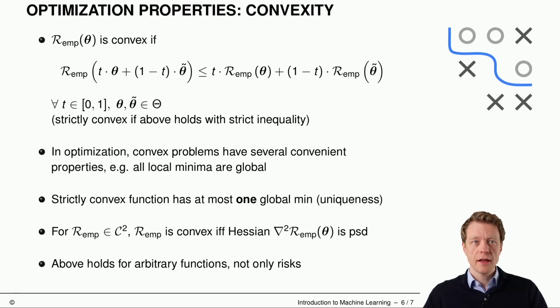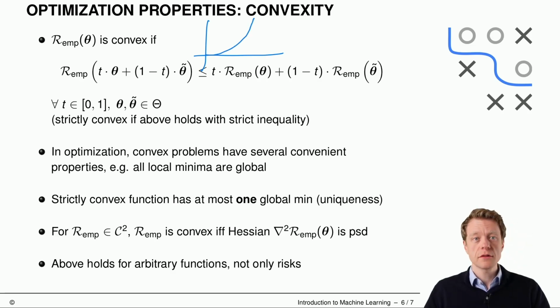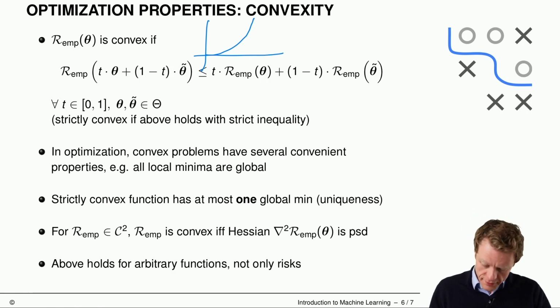Second property that helps for optimization is convexity. Here you see the definition of convexity, just to make sure we're on the same page. One small example, so this quadratic function is of course convex. Why is that the case?